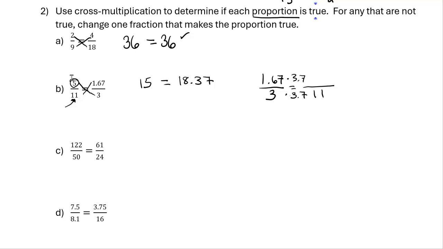So I'm going to multiply what's in my calculator, which is 3.666 going on forever, by 1.67, and that gives me a numerator of 6.12, and I'll round that to the hundredth, just so I'm consistent across the board in terms of how many places I'm using. Then you can check that by multiplying across, because if it's true, then when you multiply, you'll end up with the same answer.